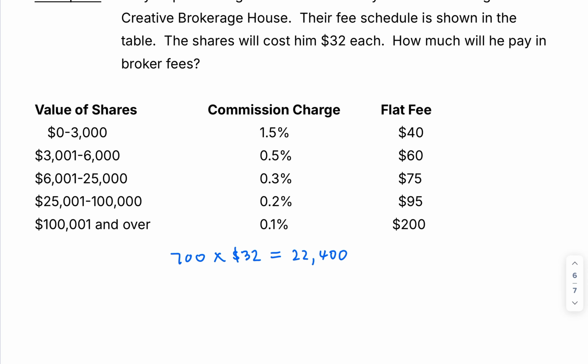$22,400. Okay, so now you have to take a look at the table and determine where this $22,400 falls. And if you take a look at the value range, it falls in this part of the table, which means the commission charge is 0.3% and also has a flat fee of $75.